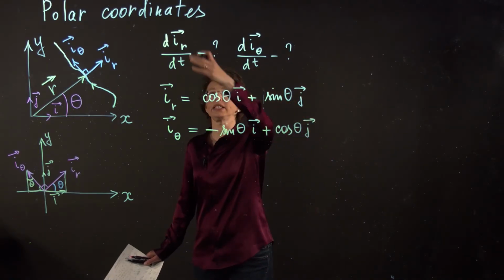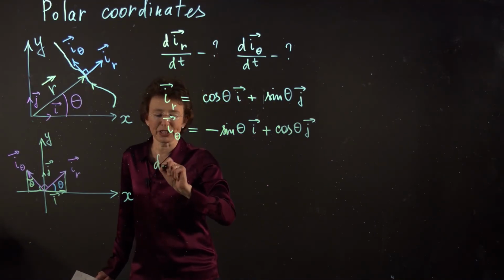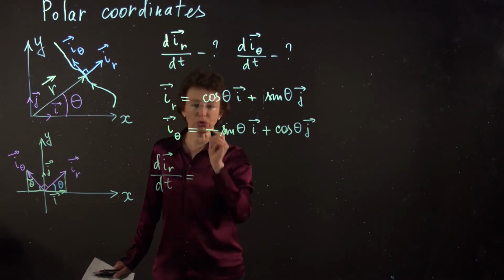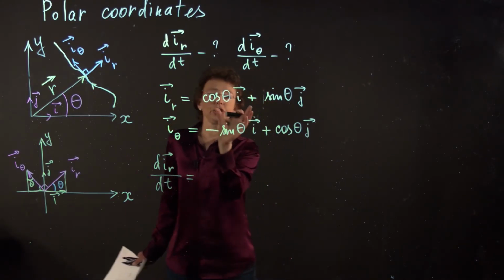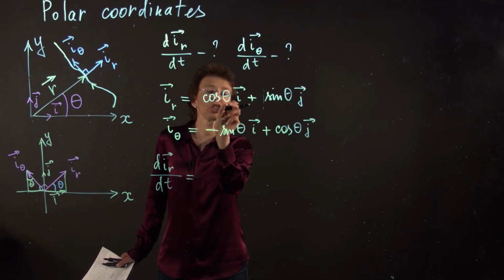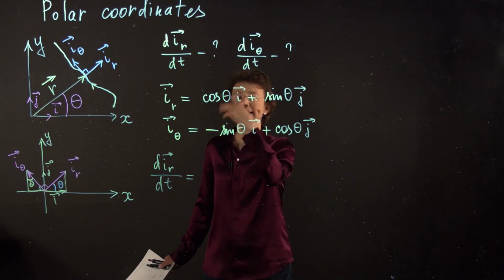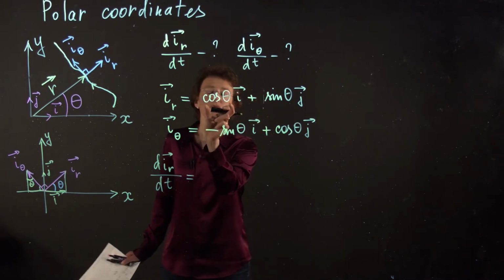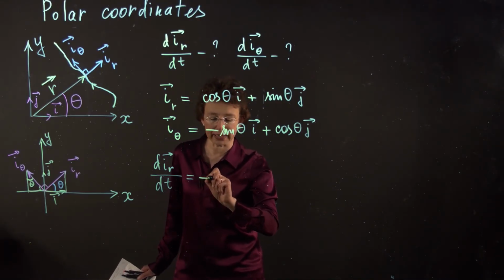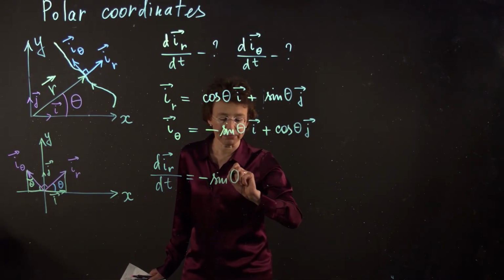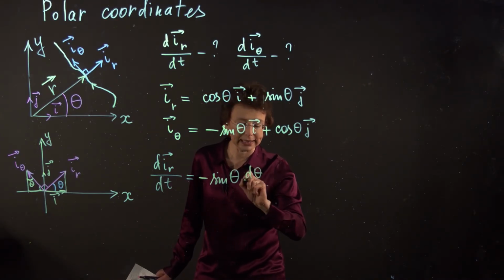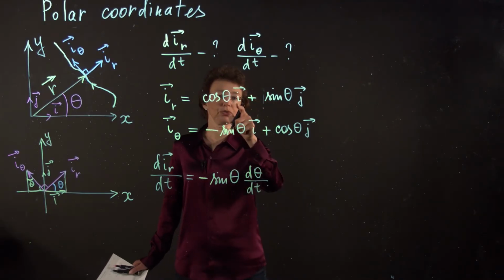What I need to do next is differentiate. I need to find di_r/dt. Which rule will I use? Well, I need to use the product rule, and I will also need the chain rule, because now theta depends on time. Let's do it. First of all, I differentiate this first guy, cosine theta. The derivative of cosine theta is minus sine theta. Then I use the chain rule, d theta/dt, and we don't forget i.